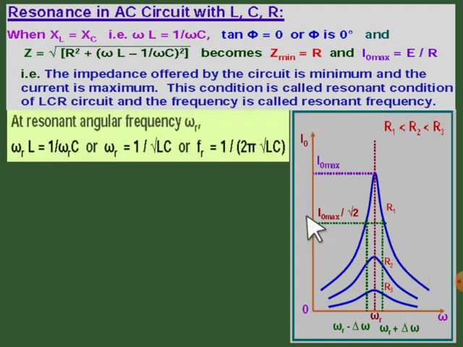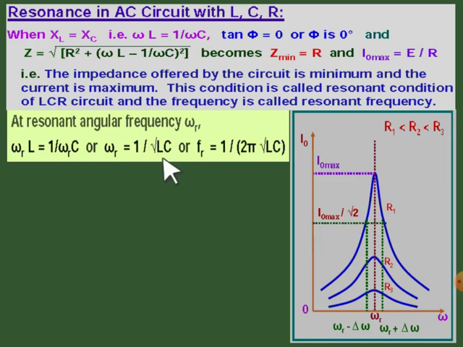Now at the resonant angular frequency, instead of omega, we can write omega R, where omega R is the resonant angular frequency. So XL is equal to XC, right? We have to start from there. Instead of XL we write omega L, so omega will now be equal to omega R. It will be equal to 1 by omega R C, or omega R will be equal to 1 divided by root over LC.